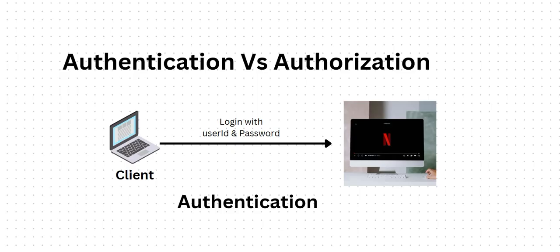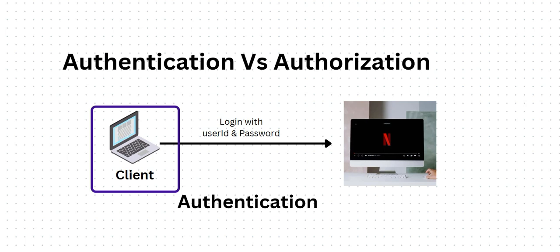Now let's understand what authentication and authorization are. Let's first understand what authentication is. Authentication is the process to verify a user's identity when they attempt to log in. For example, imagine you open Netflix and enter your email and password to log in. What happens in the background?